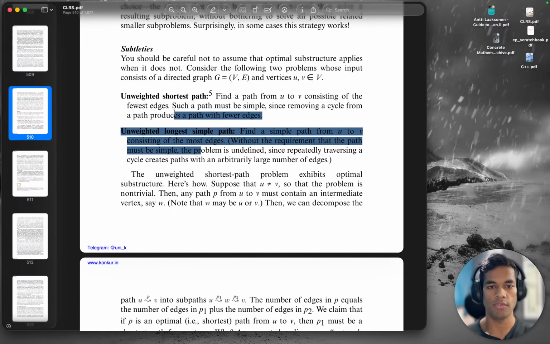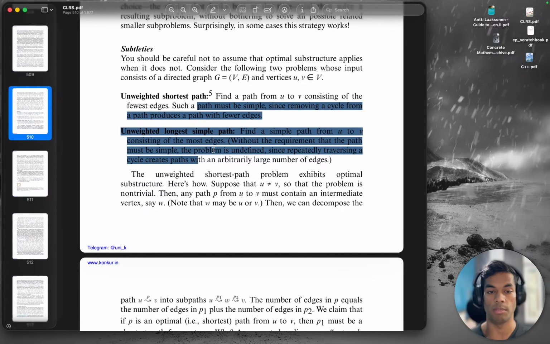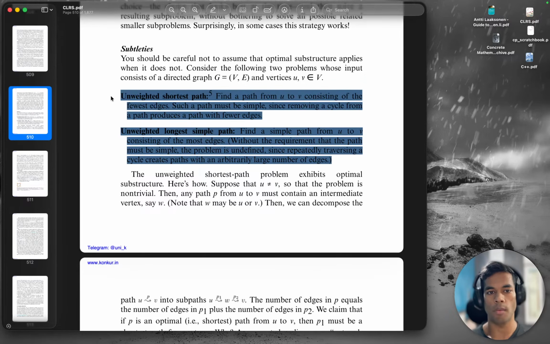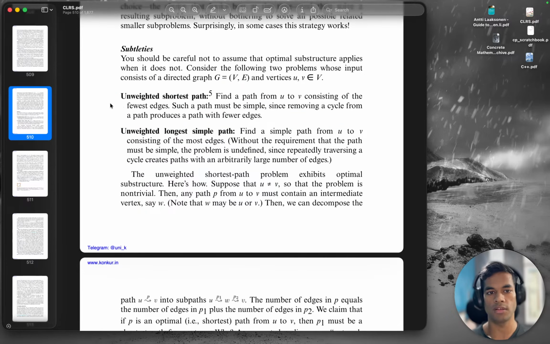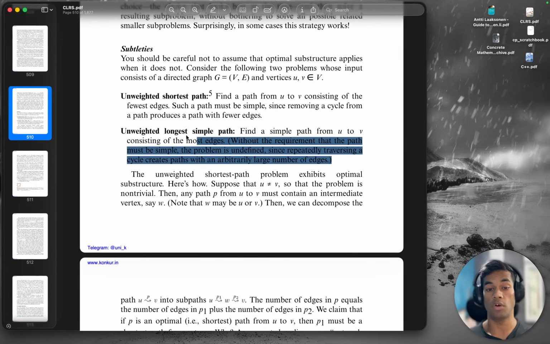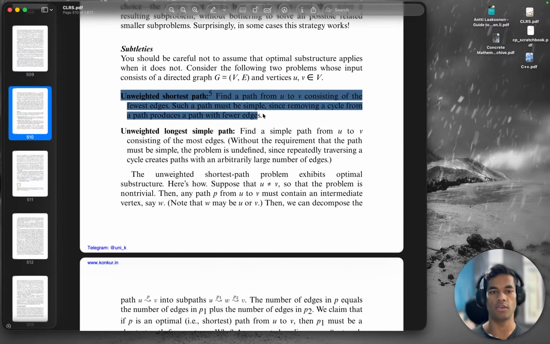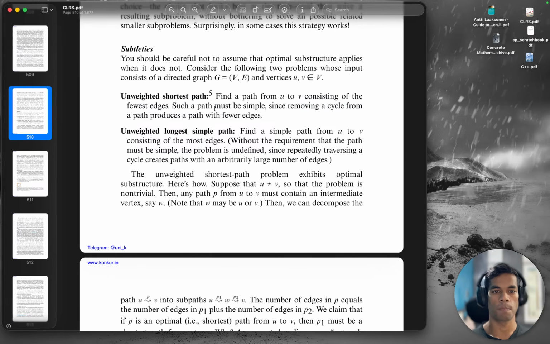Unweighted longest simple path. In both the cases, we are optimizing for the length of the path, but the longest is messed up because there could be loops and you can go around a loop an infinite number of times. Here we want the smallest length, and here we want the longest length.